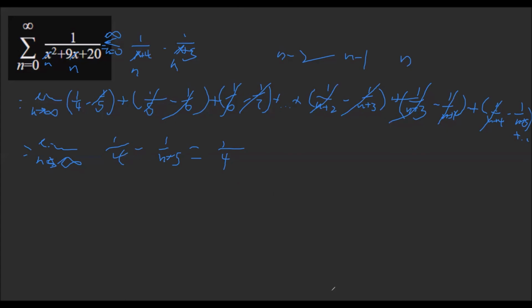And so this infinite series from n equals 0 to infinity of 1 over n squared plus 9 times n plus 20 converges to 1/4 by the telescoping series test.